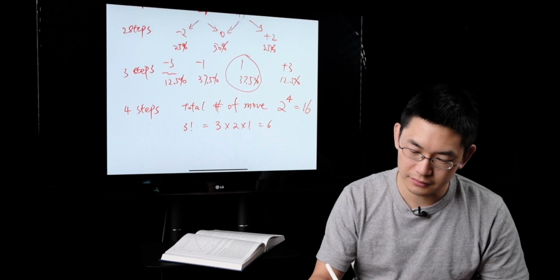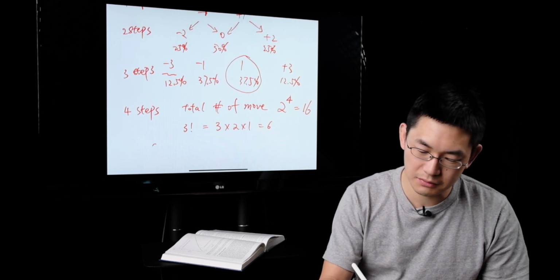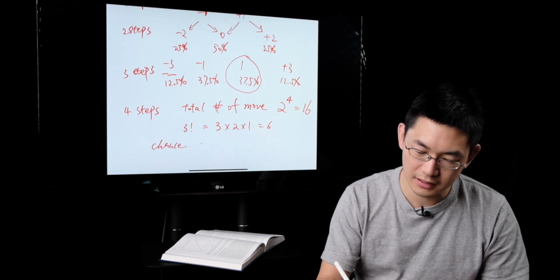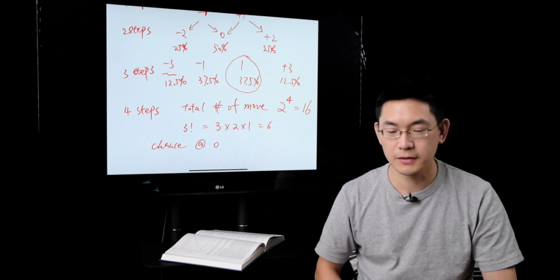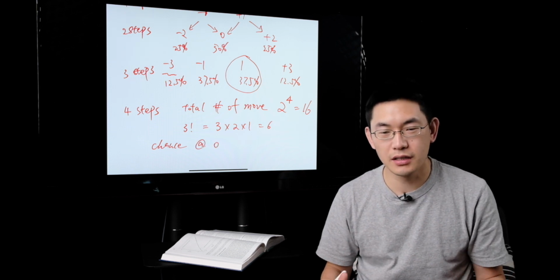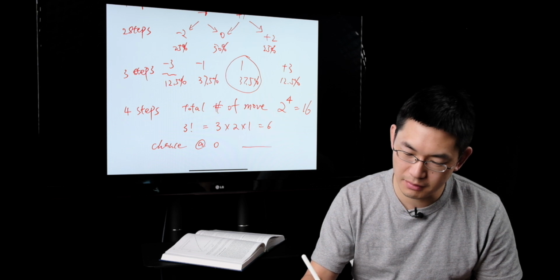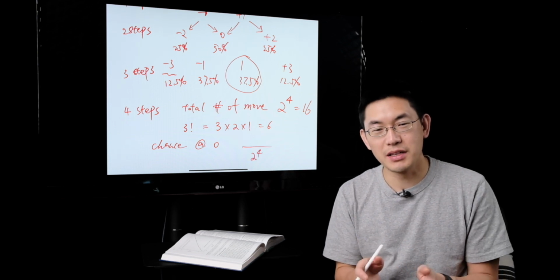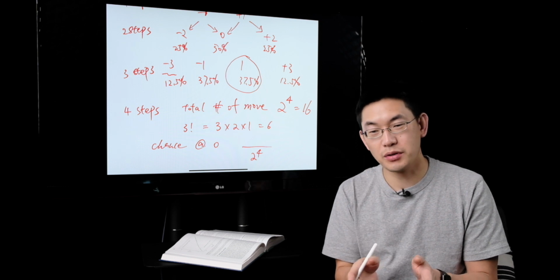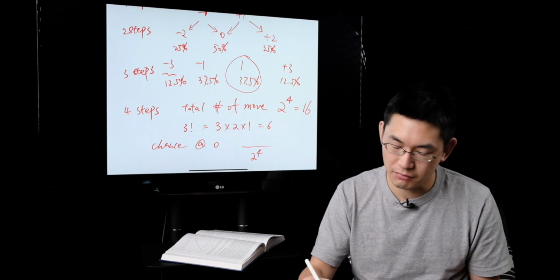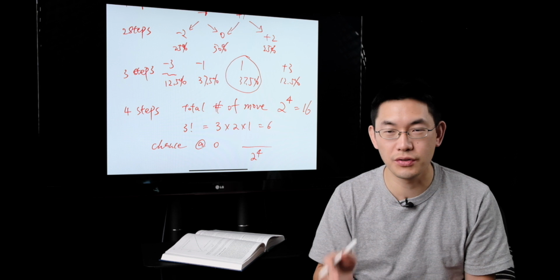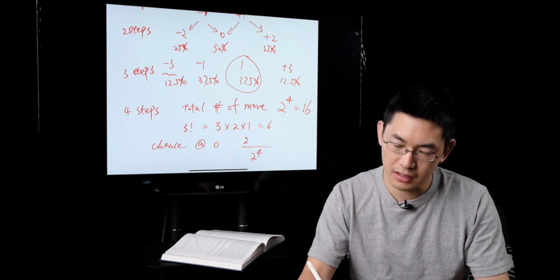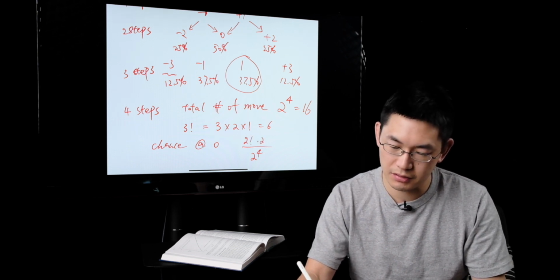Now, what would be the chances we end up at 0 for 4 steps? It's a question you can simplify with 2 to the power of 4. To end up at 0, you need an even split between positive and negative steps, right? So if you cut 4 into half and half, you can take 4 factorial divided by 2 factorial multiplied by 2 factorial.